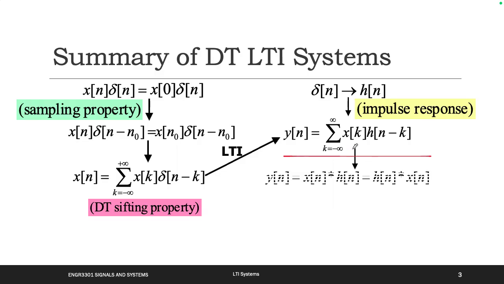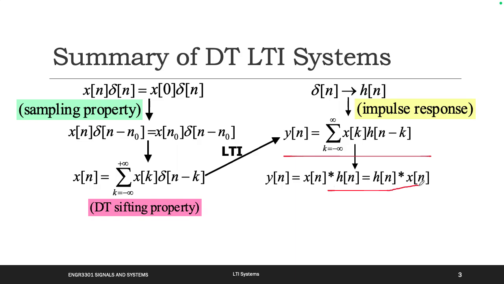And what symbol do we use to represent it? Yes, the star. We use this star to represent the convolution, which means the output equals the input signal convolved with the impulse response. Also we can use one convolution property. What convolution property do we use here?